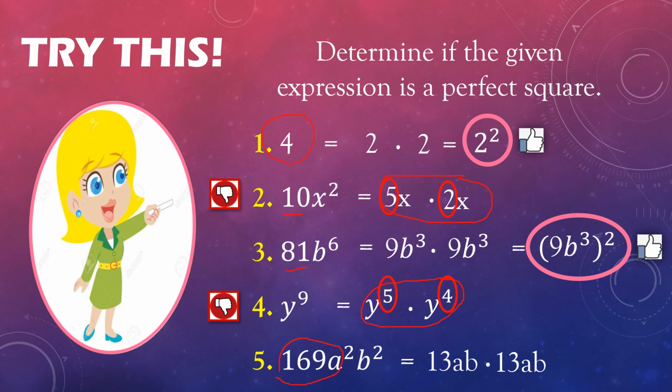Multiply it by another 13ab. Can we express these expressions in the power of 2? That's right. We can express or rewrite this one as 13ab raised to 2. So this is a perfect square. Good job!